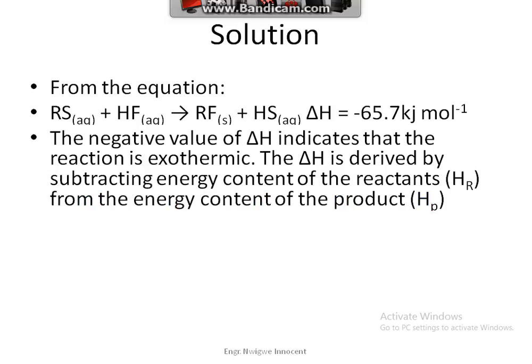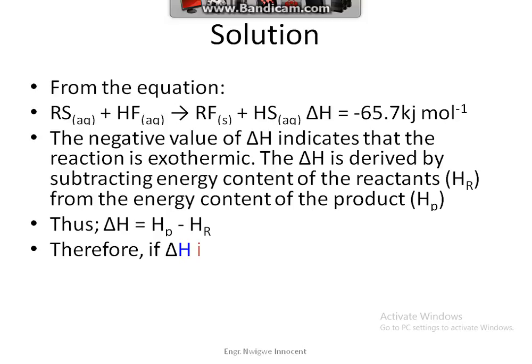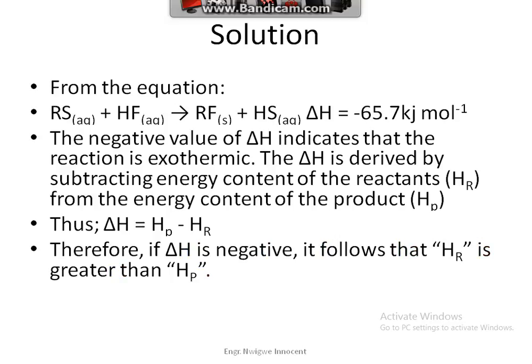The delta H is derived by subtracting the energy content of the reactant, HR, from the energy content of the product, HP. Thus, delta H is equal to HP minus HR. Therefore, if delta H is negative, it follows that HR is greater than HP. Answer is B.